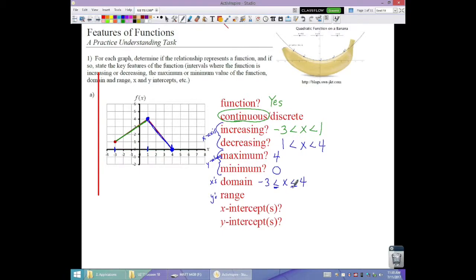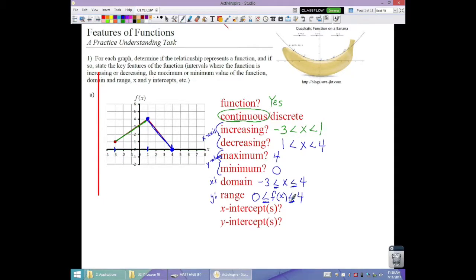The range, bottommost to topmost: the bottom point is 0, which we already listed as our minimum, and our highest point is 4, which we gave as our maximum. So we're using those again here to say from 0 to 4. And again, we do have a point on 0 and we do have a point on 4.